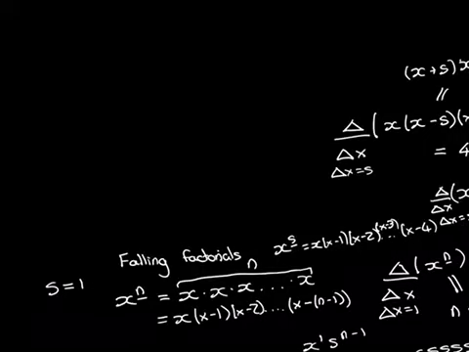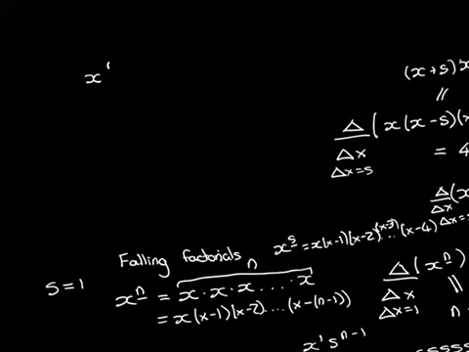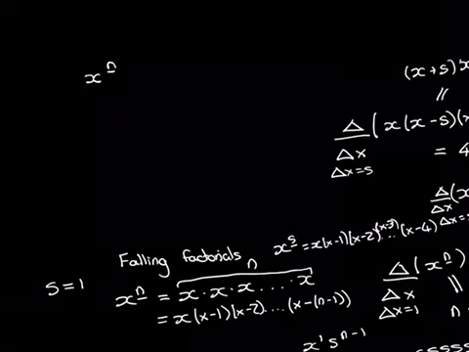So welcome back. Let's continue on our discussion of a derivation of the Taylor series. Firstly, I would just like to point out that we can use some other notation to denote x to the power of n falling where the difference is s. So this notation isn't necessarily going to be the best.